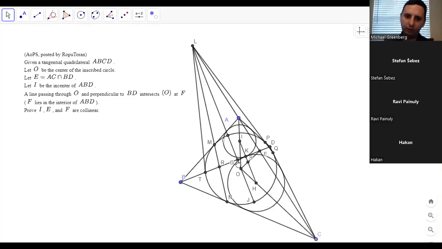So wait, G is going to be the midpoint. If we draw these two points, it's hard to draw the one right here, but G is going to be the midpoint of that by symmetry. I think it's worth drawing this point and this point.